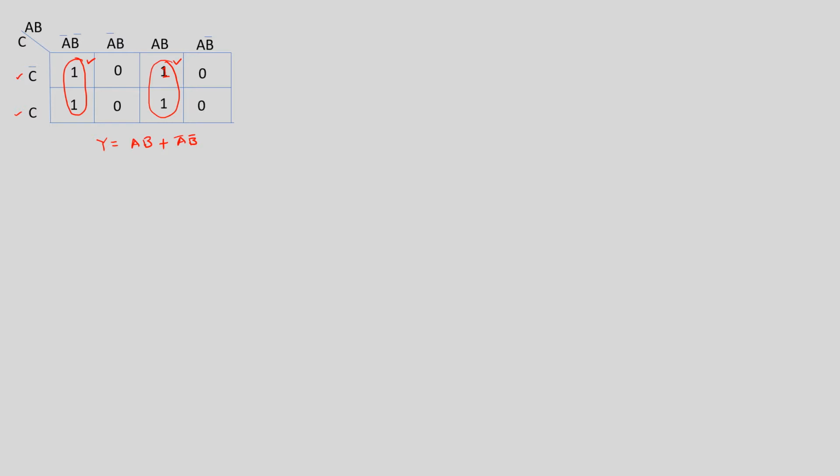Now let us see the second one. Here ones are entered like this and we want to find out the answer. In K-map, always keep it in mind to try to form the larger group. That means in this case I can form two pairs, but I will go for the quad because 4 ones are adjacent to one another. So here this is a quad. Now how to write the answer for the quad?